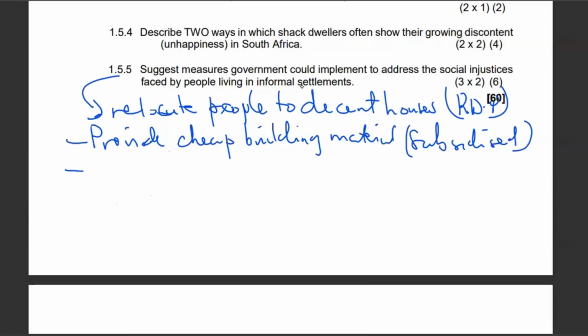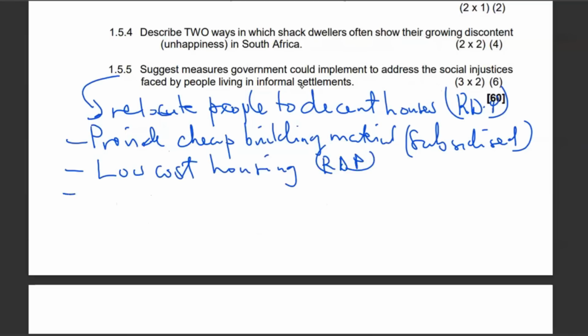We can also talk of low cost houses. The government must try to engage in low cost housing, e.g. through the RDP. Government must try to establish housing units which are low costing.